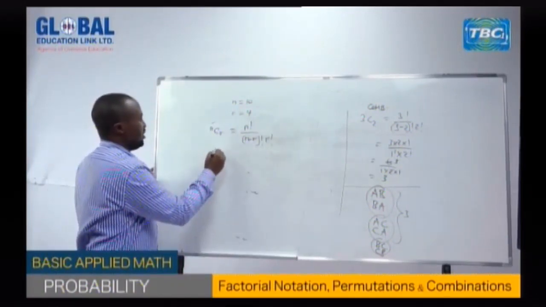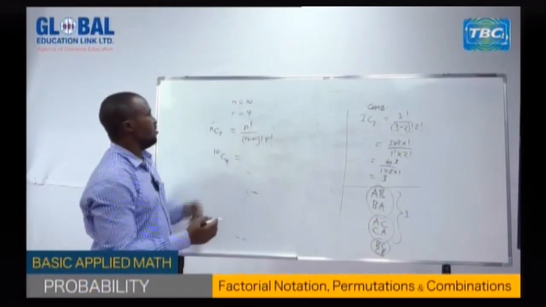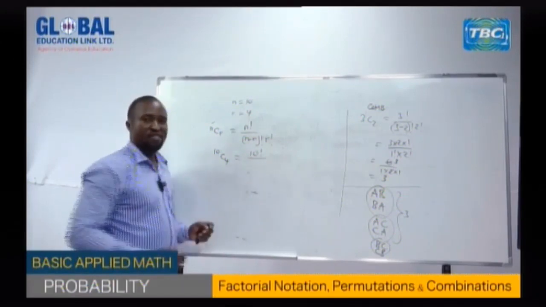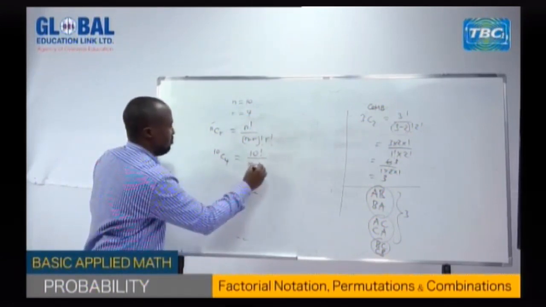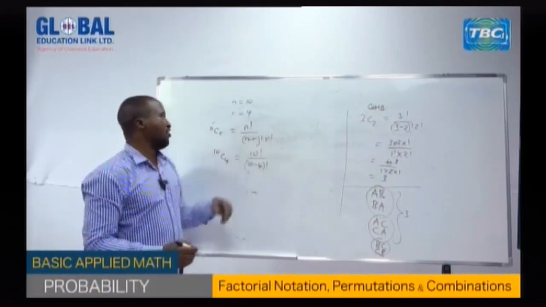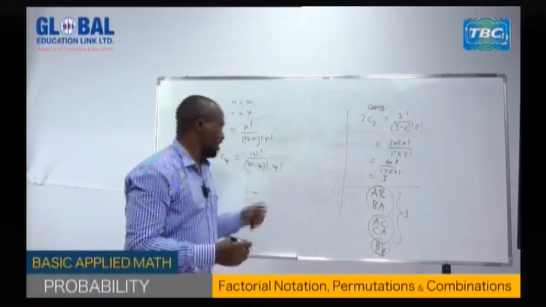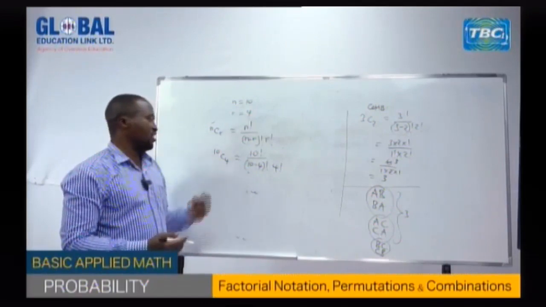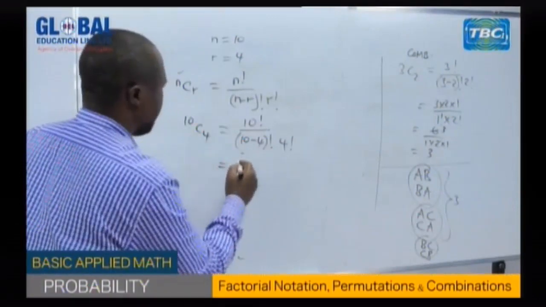Now let us substitute what we have. So we have 10C4 is equal to the value of n, that is 10 factorial over, then again we have n minus r, that is (10 minus 4) factorial, then again times r factorial, which is 4 factorial. For this case, you can use your scientific calculator to find the final answer, or you can proceed like this.